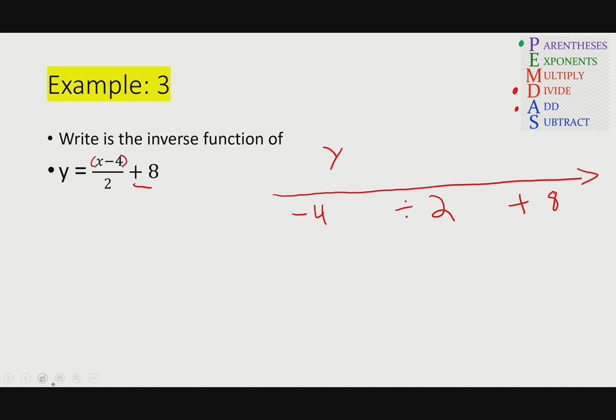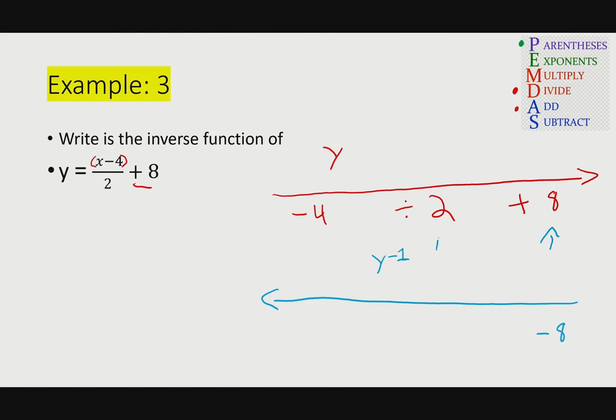So if we wanted to then undo this, the way that we can write our notation here is just y inverse. Okay, and if we wanted to undo this, the last thing we did was add 8. So if we want to undo the addition of 8, we need to subtract 8.